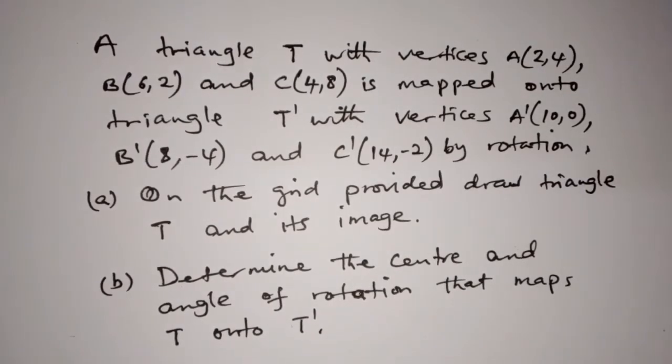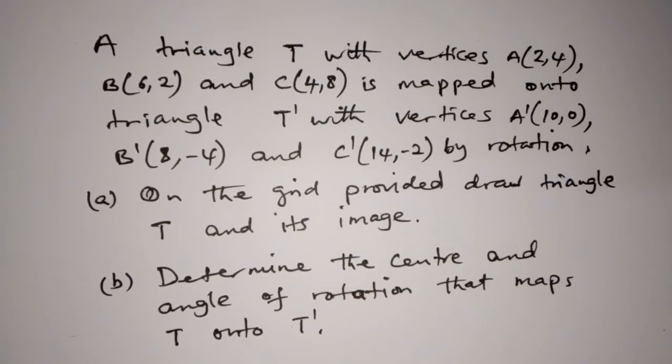A triangle T with vertices A(2, 4), B(6, 2) and C(4, 8) is mapped onto triangle T prime with vertices A prime (10, 0), B prime (8, -4) and C prime (14, -2) by rotation.